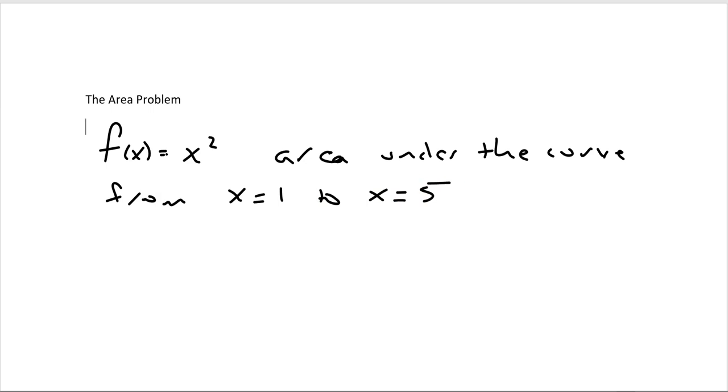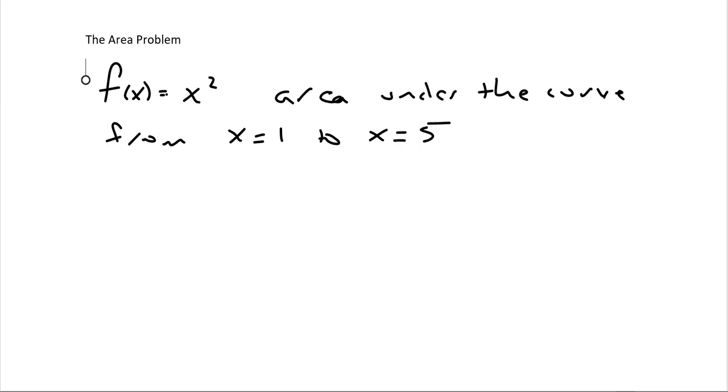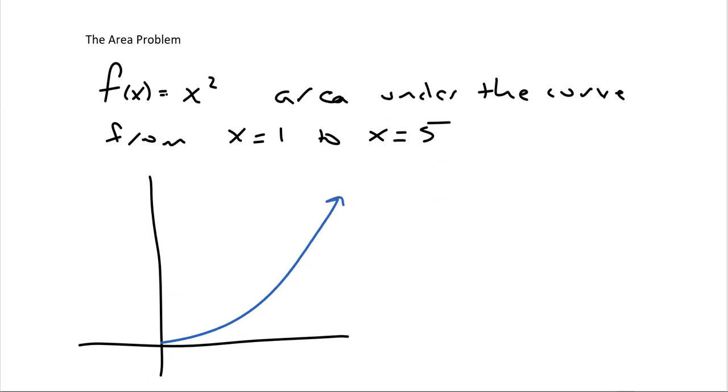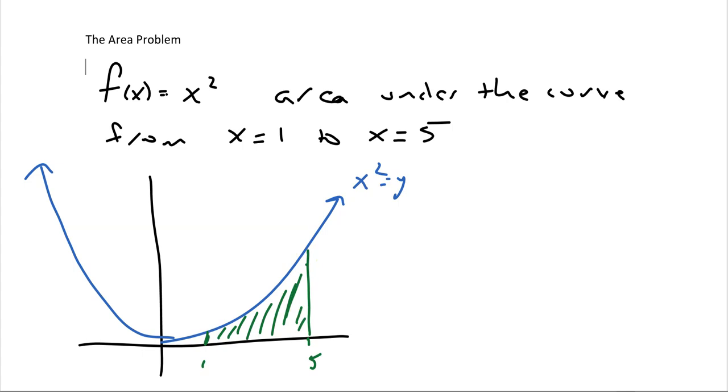So picture-wise, what we're looking for then is we've got this function that we've graphed. We're looking at just part of the parabola here. So that's my x squared, right? And what I'm looking for then is where that's 1 and this goes to 5, we're looking for how much area is there between the x-axis and the curve.